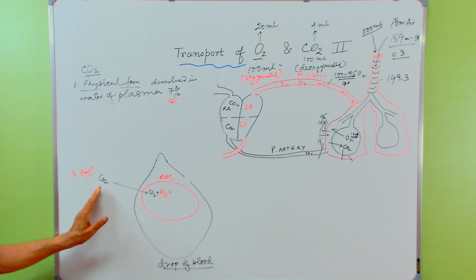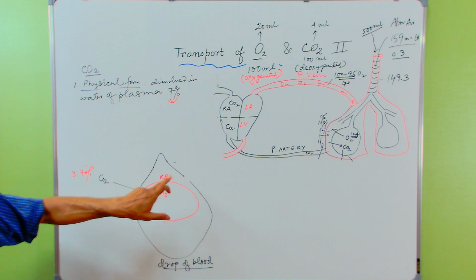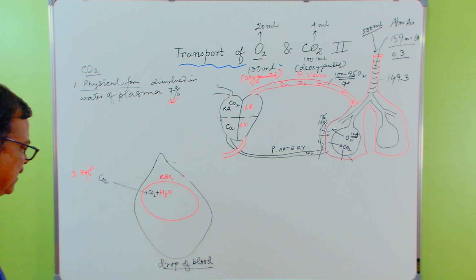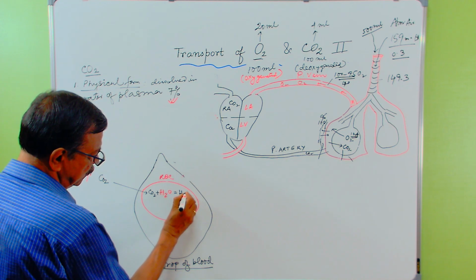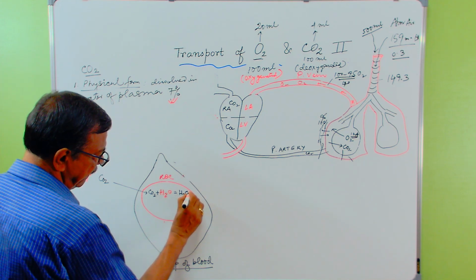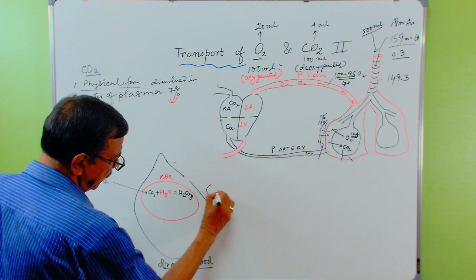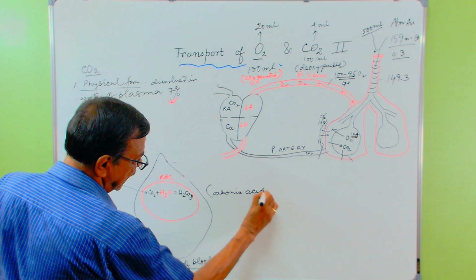Initially the CO2 produced as a product of cellular respiration enters into the RBC. It mixes with the water of RBC and produces H2CO3, known as carbonic acid.